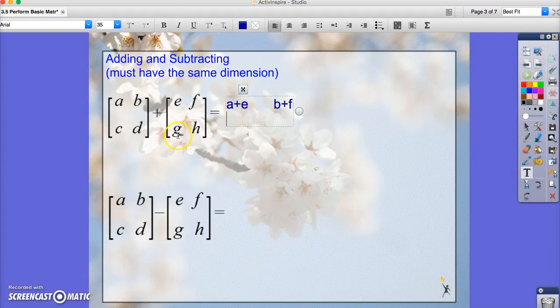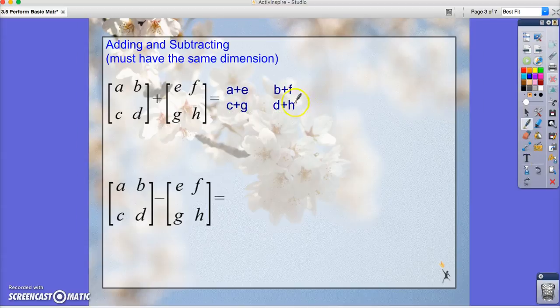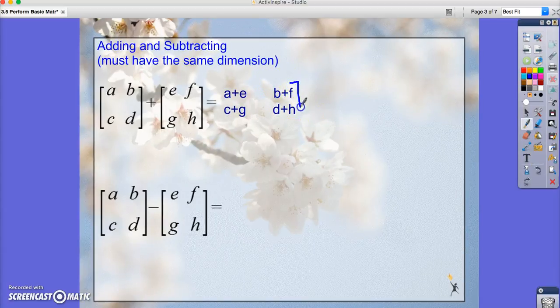And then down here, bottom left, c plus g. Bottom right, d plus h. And don't forget your little block for matrices. So it's still a 2 rows by 2 columns matrix. Rows by columns, right? But there's a new number here, here, here, and here.